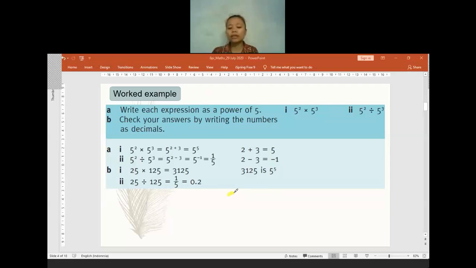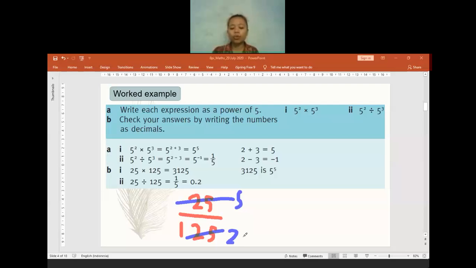Now what if I have 25 divided by 125? You can do cancelling out. Oh, sorry, the color is too light. You can do cancelling out like 25 divided by 125. I can divide both by 5. 25 divided by 5 equals 5, and 125 divided by 5 equals 25.